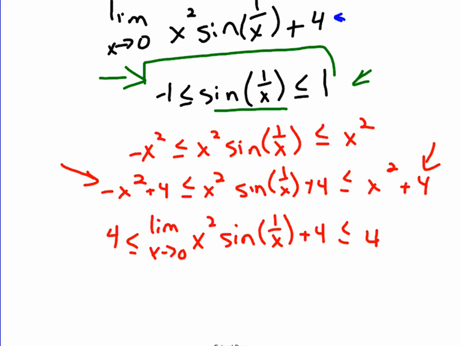So because our limit has to be between 4 and 4, the only number that's in between 4 and 4 is just 4. So this whole thing equals 4. Okay, so that's our limit.